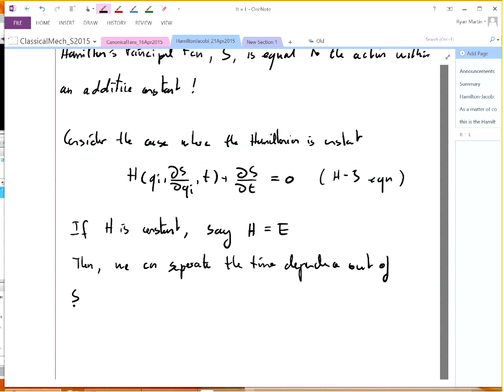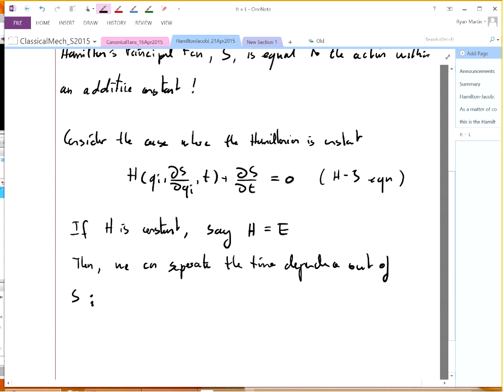So the problem with these partial differential equations, here you have ∂S/∂q's mixed in with ∂S/∂t's. The problem is you can't integrate them straightforwardly because you have both q's and t's, and q depends on t. So it's not trivial to integrate. However, one of the techniques of solving these partial differential equations is if you can factor out the time dependence into different functions.